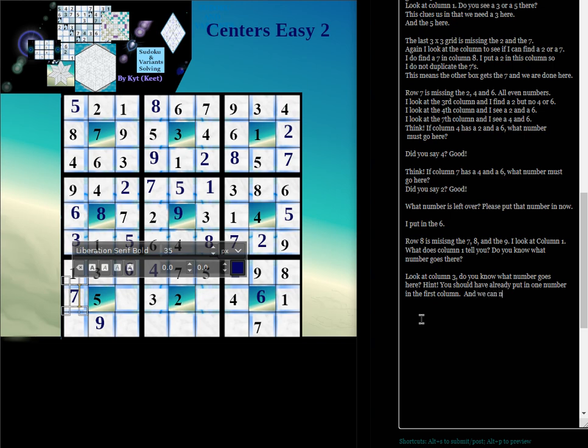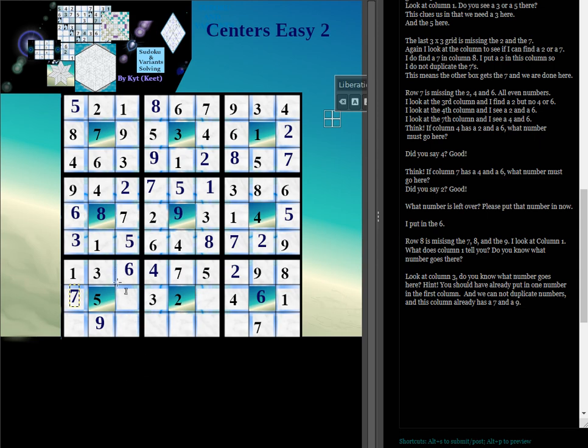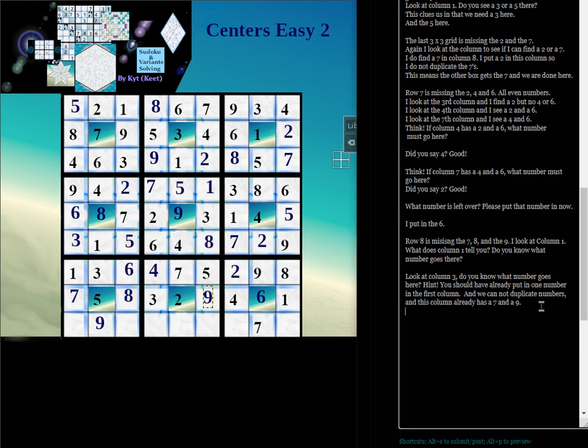And we cannot duplicate numbers, and this column already has a 7 and a 9. This means I put the 8 here, and then in the last spot I put the 9.